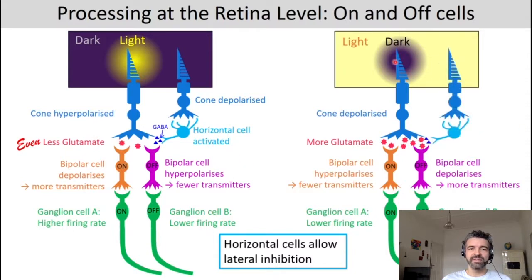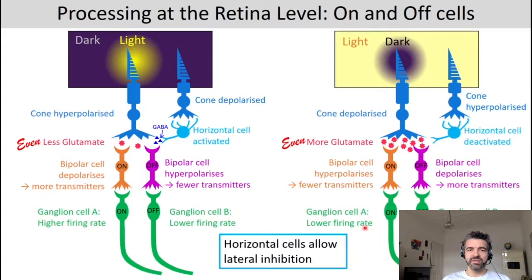And here it's the opposite. We have the cone in the center not getting any information, it's in the darkness. This cone is in the light, so here the cone hyperpolarizes and there's less GABA, so there's no inhibition of the glutamate. There's even more glutamate now. So again, the whole effect is enhanced.